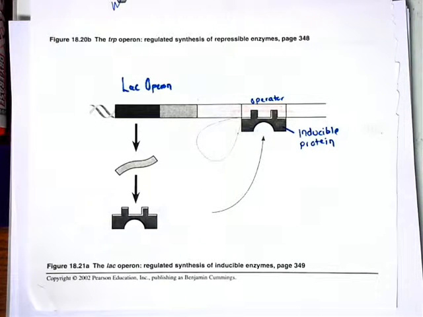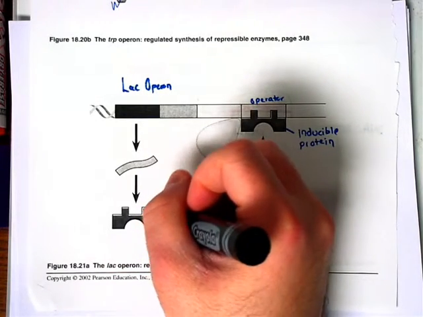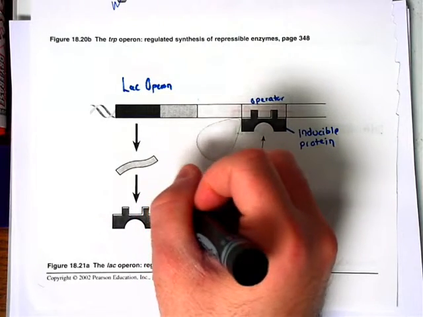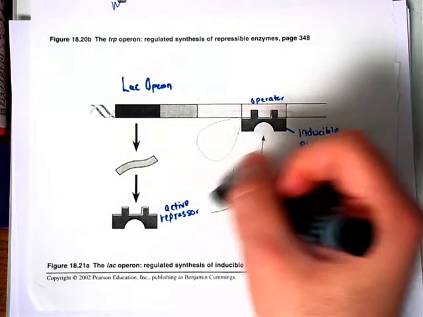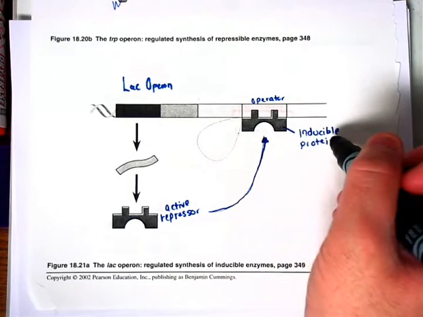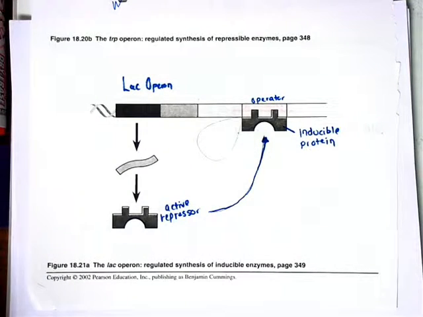Now you'll notice that this right here is essentially a repressor, if you think about it. But see, this repressor is in its active form. It's repressing what's in this shape, but however, it can be induced, right? It can be manipulated, and as we could expect, what would induce it?